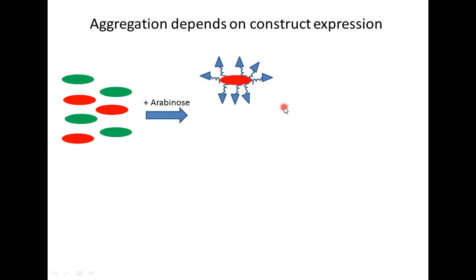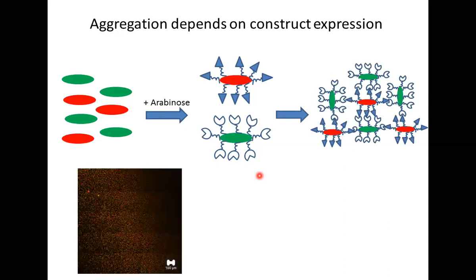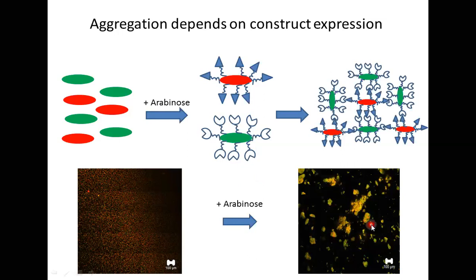That could be, say, SpyTag or SpyCatcher. The other bacterium will express the other half of that interacting pair. These will stick together and we will wind up with an aggregate of bacteria. So we have, again, a bunch of different cells here. We add arabinose and we're able to get them to stick in a method that's observable.